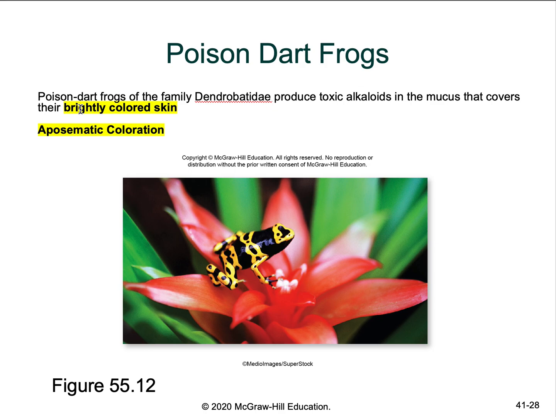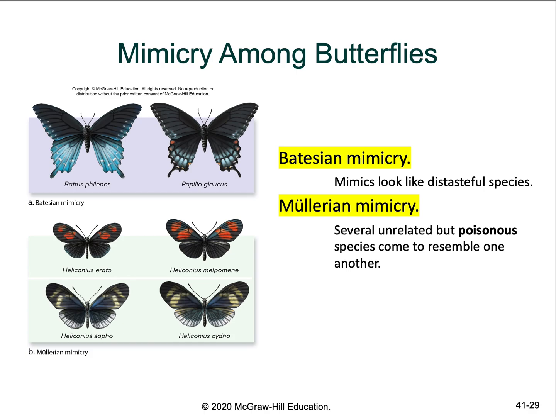That's another example of aposematic coloration, which is just a warning sign that I'm toxic, I can hurt you. Types of mimicry that are really cool are what we call Batesian and Mullerian. So I've got some butterflies here, and these down here are mimicking these up here because it may be that these are toxic and these are not toxic, and so they're trying to replicate that so that birds don't eat them.